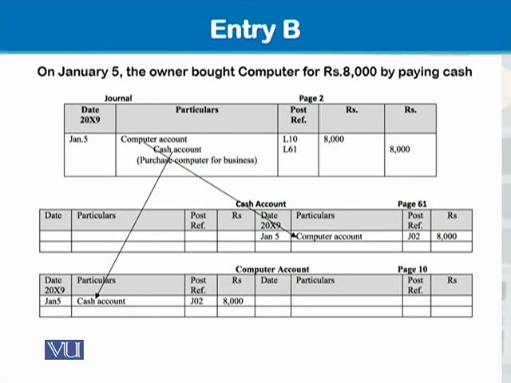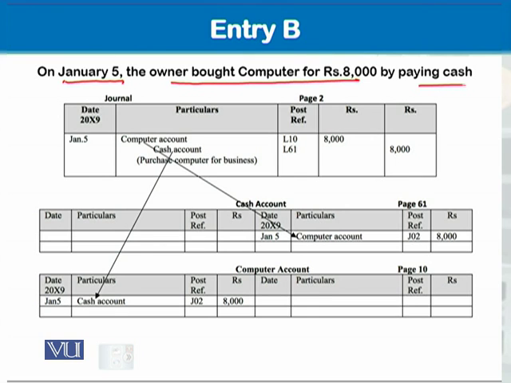What's over here? On 5th of January, we have bought a computer for 8,000 by paying cash. So this is its debit and credit accounting head. It means that we are preparing two ledger accounts. One is cash and the second one is computer. This is T account style. Left side is debit. Right side is credit. Okay. Computer is being debited with 8,000.